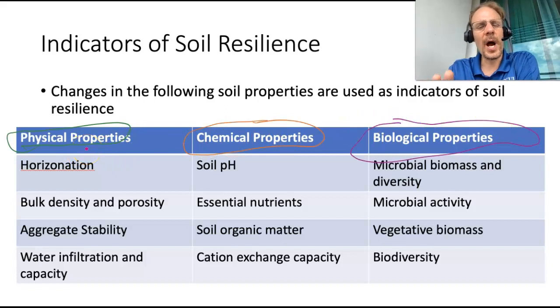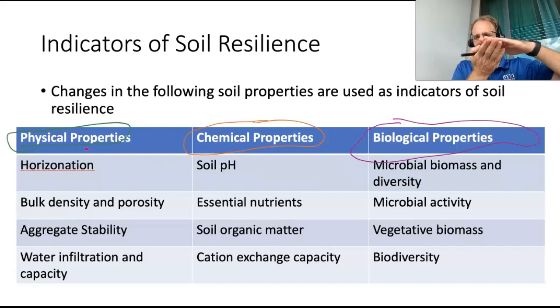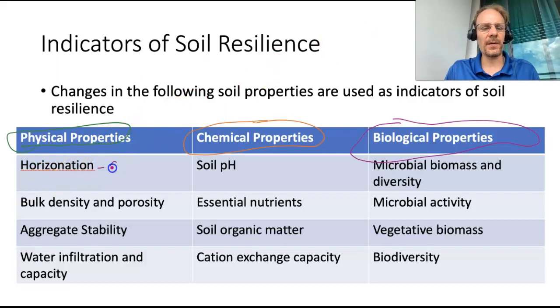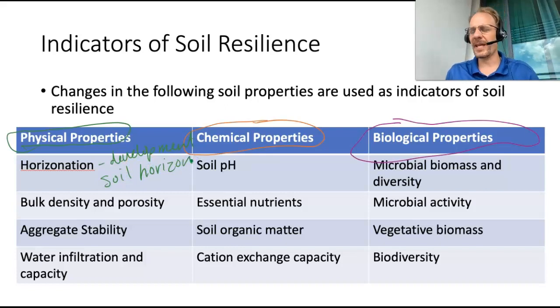Again, remember, we are identifying properties of soil that will indicate either deep soils or fast soil development. Okay. So, soil horizonation. This is the development of soil horizons. So, if soil horizons are developing quickly, that indicates a high soil resilience.